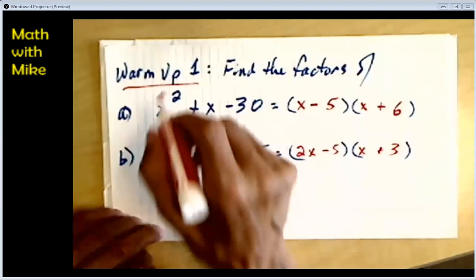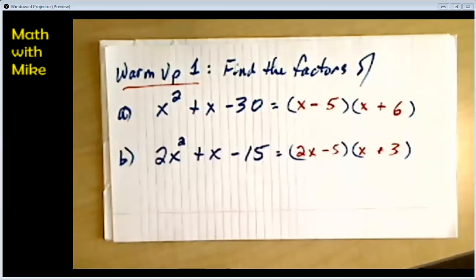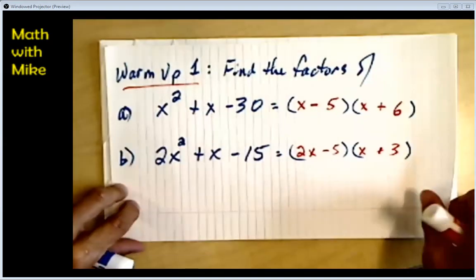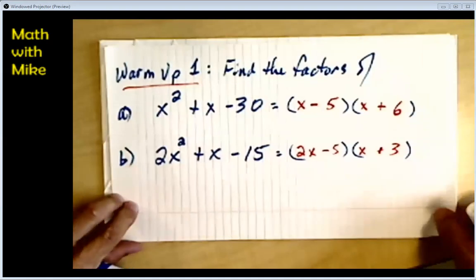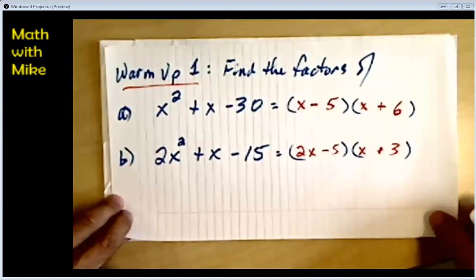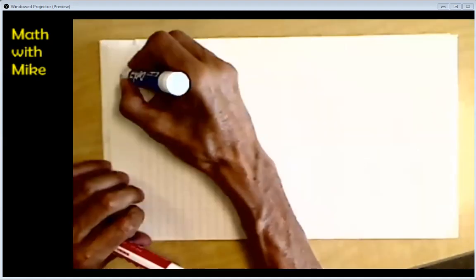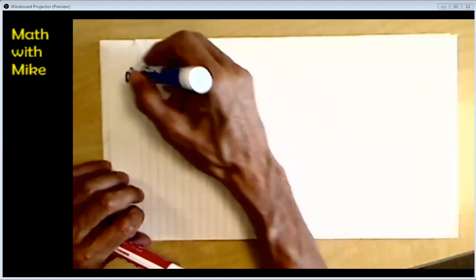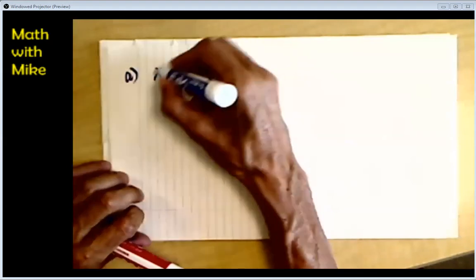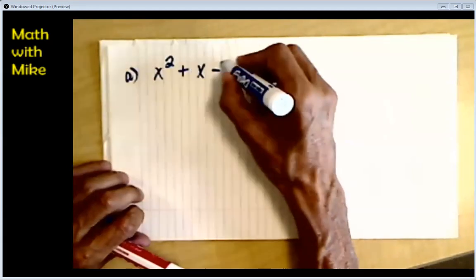Warm up number 1. Okay, so for the A part, x squared plus x minus 30.